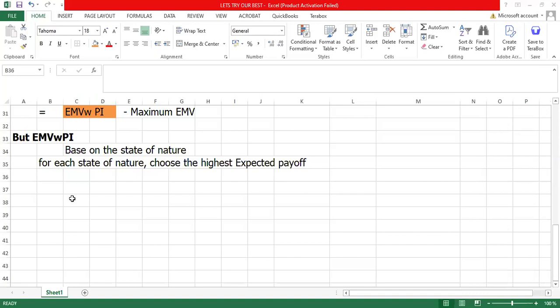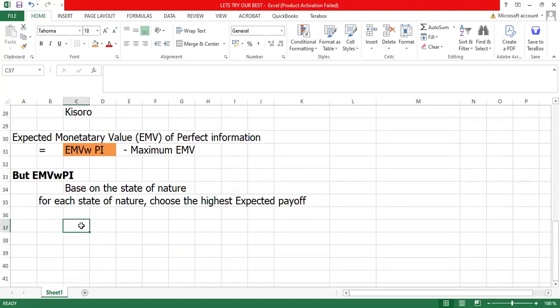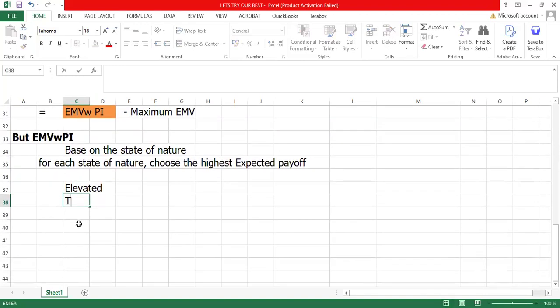The first one is elevated. The next one is tableland. Then the next one is inclined. For each state of nature, choose the highest. Here you have the expected payoff.